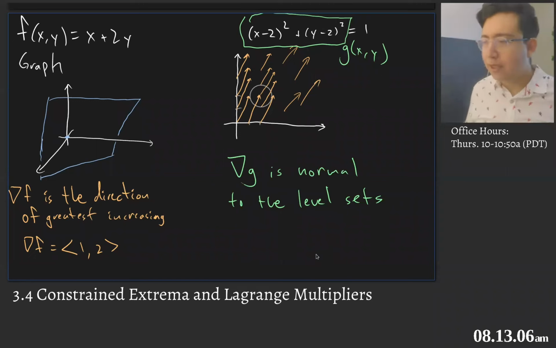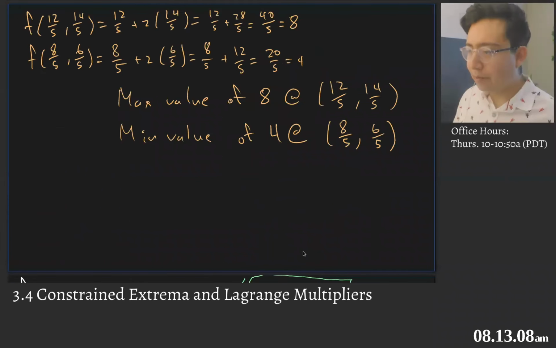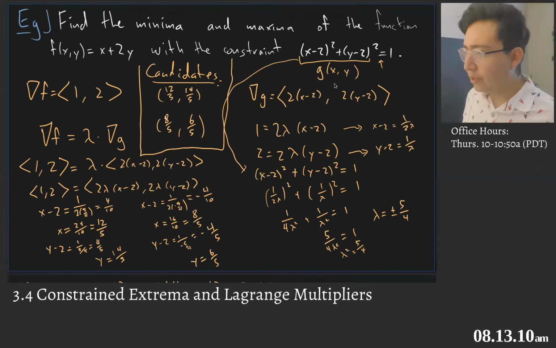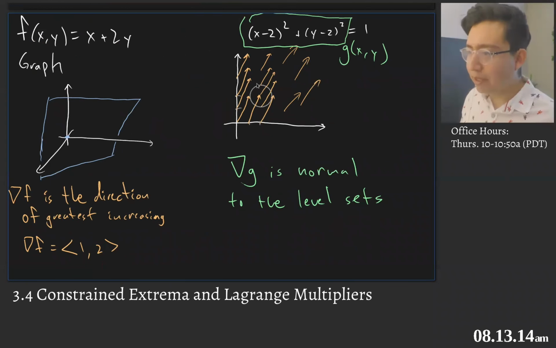Okay. In this case, we had a nice formula for that. I'm going to go back to it. You had this. Now, it's not immediately obvious why this is normal to this, but basically what that means is we get something like a gradient field that looks like this.